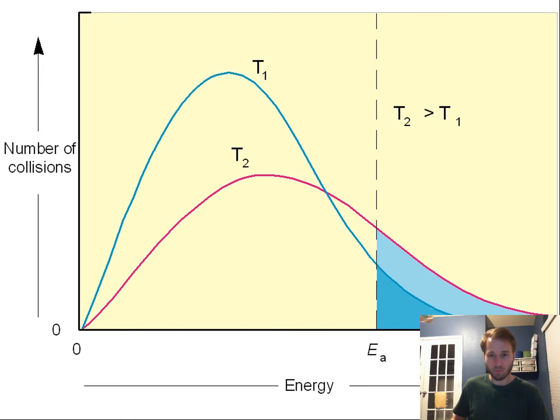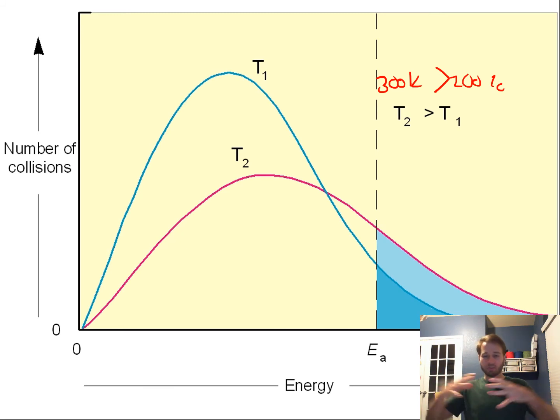T1 here is a lower temperature than T2. Let's say this is 200 Kelvin and this is 300 Kelvin. At the lower temperature, more of my molecules have lower energy. Not all of the molecules have the same energy; they have a distribution of energy. At a higher temperature, more molecules have a higher energy in that distribution.